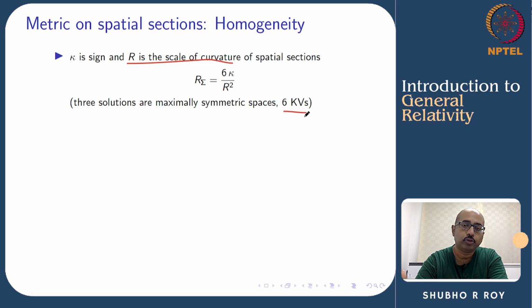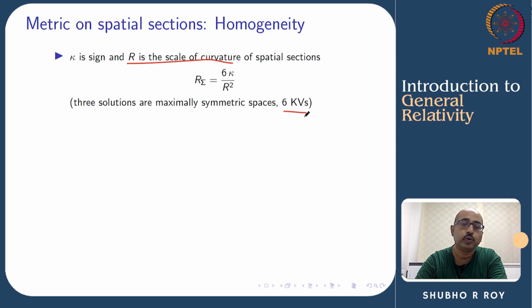If you remember the discussion we had back when we were talking about Killing vectors, these maximally symmetric spaces are only three of them, especially if you're looking at Euclidean sections, which we are. These 3 maximally symmetric spaces are the sphere, the Euclidean plane, and the hyperbolic space.